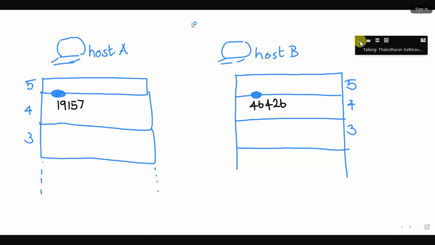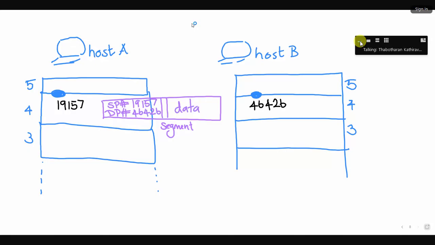So what happens here is the transport layer creates a segment. This will include the source port number and destination port number with the known values. Source port number is 19,157. Destination port number is 46,426. And in addition to this, the data and the other headers will also be there.